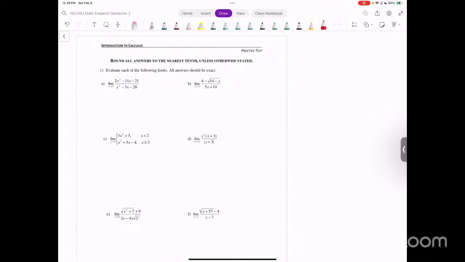Yeah, you need to show you're applying the rules to get the answer. You need to show you're splitting the limit, multiplying the limits. So I have to show my work like that, right? You cannot directly substitute and then say you get the answer if they ask to use the limit rules. Okay. F is weird.